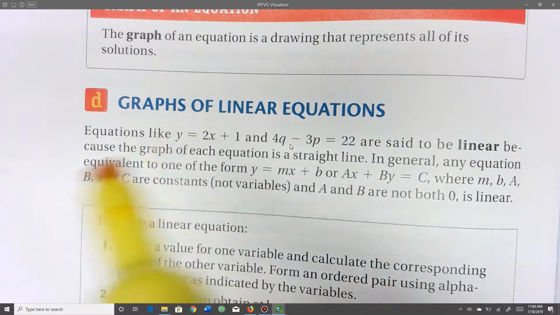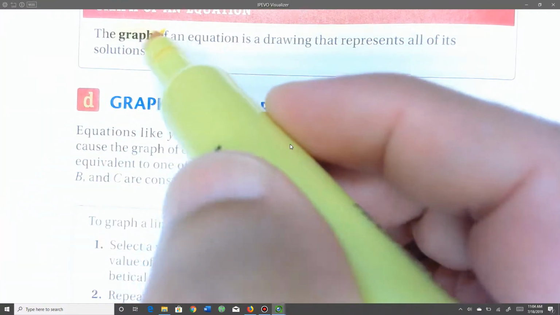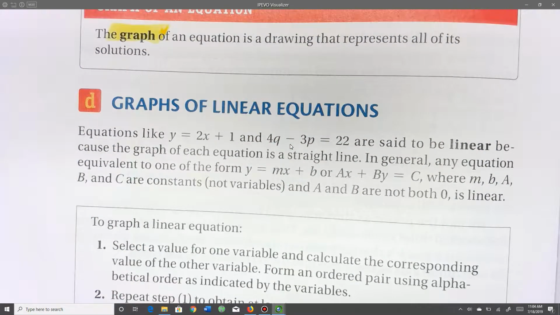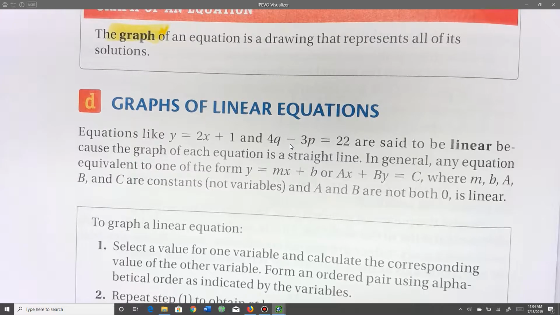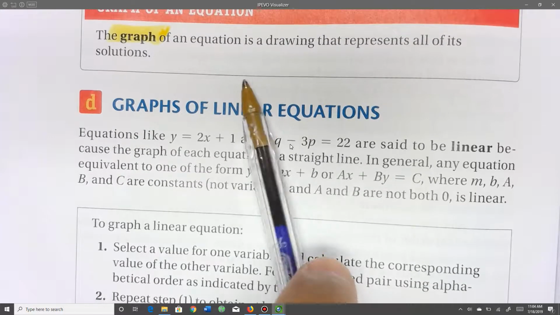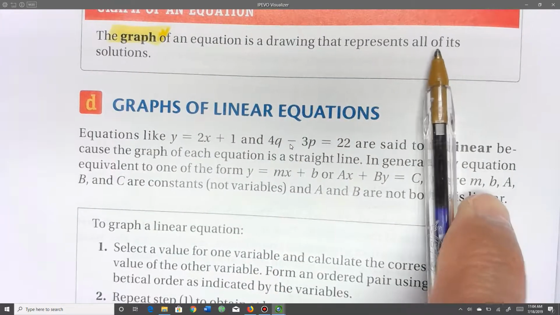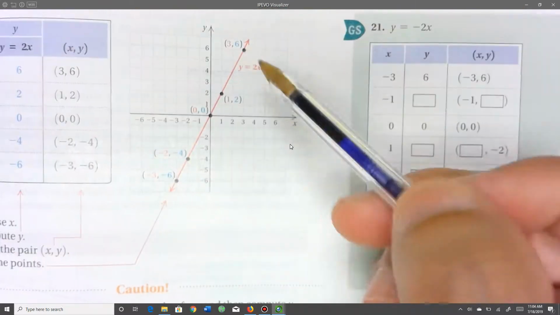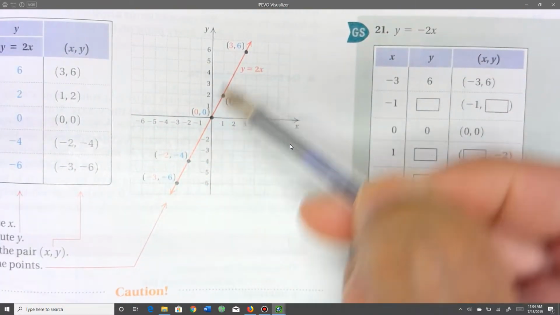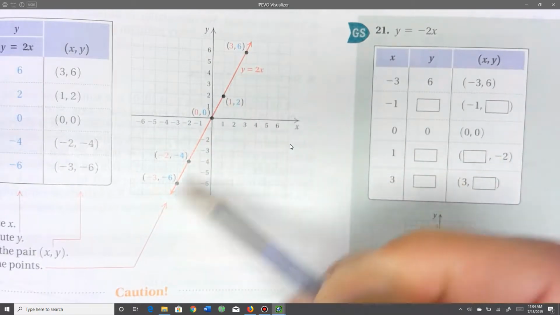When we say the word graph, it doesn't just mean drawing the graph. It also refers to the drawing that represents all the solutions of the equation. In other words, this drawing here, this is a graph. This is the graph.